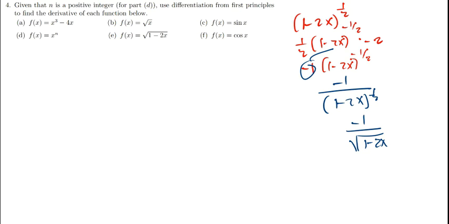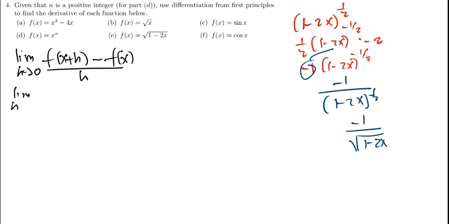Let us go ahead and use first principle to find that answer. Okay, so I'll say limit h approaches 0 of f of x plus h minus f of x divided by h. So it will be limit h approaching 0. There I'll have 1 minus, where there is 2 now, that's where I'm going to put in.